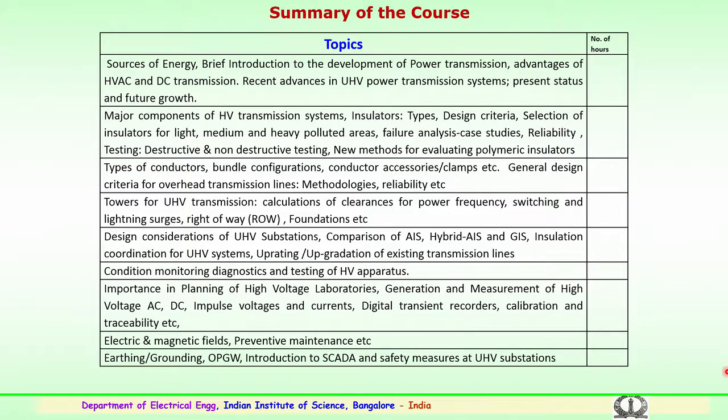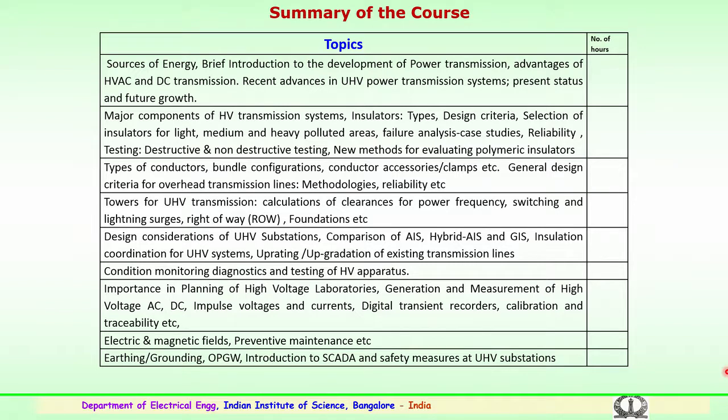The importance of insulation coordination for the extra high voltage and ultra high voltage system was discussed, and the upgradation or uprating of the existing transmission lines, a very important factor, using high temperature low sag conductors was also discussed, and how it could be helpful in the upgradation or uprating of the existing transmission line.